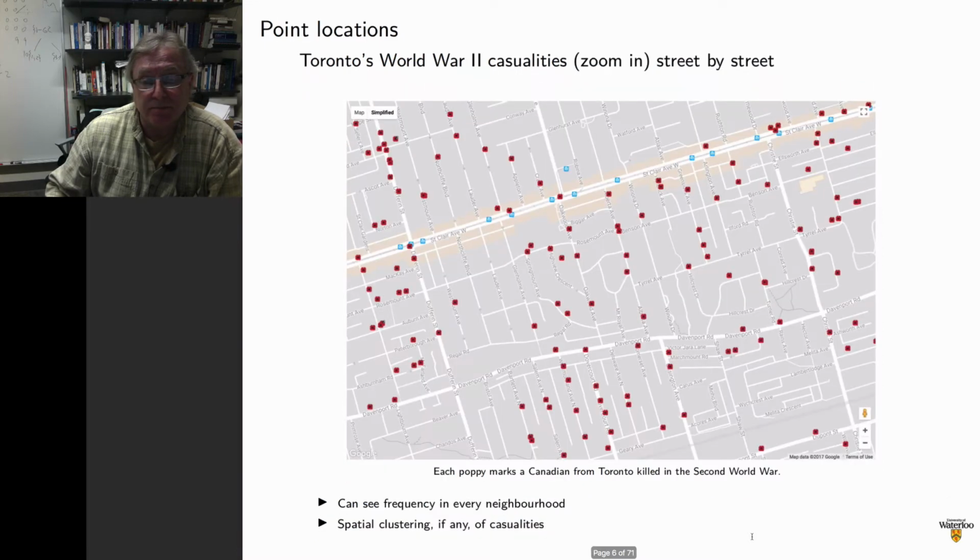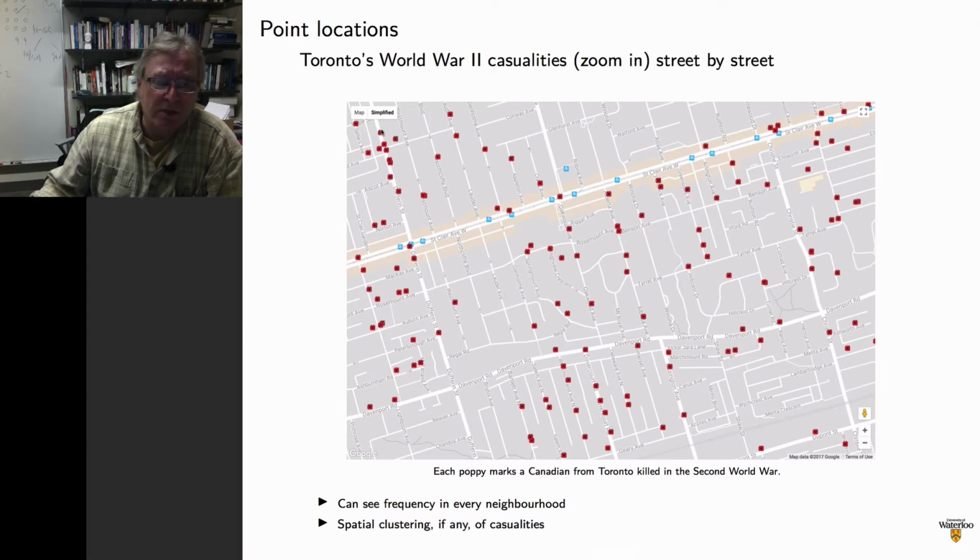So if you zoom in, what's remarkable is you now have the detail of roads like St. Clair Avenue here across the middle, and Davenport Road, and over here this is Dufferin Street, and Christie Street here. So we've got this region with small neighborhoods, and what's, I guess, really striking is that you see just how dense these deaths are.